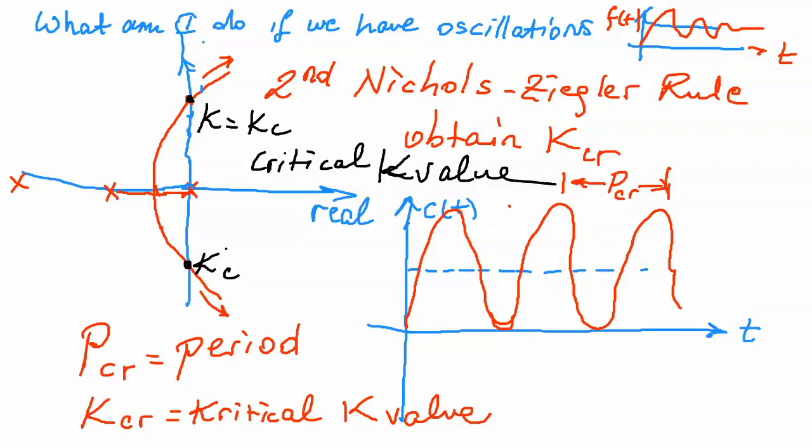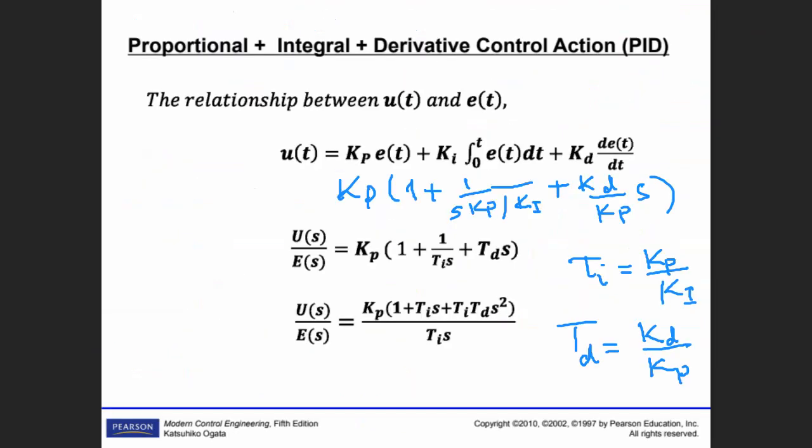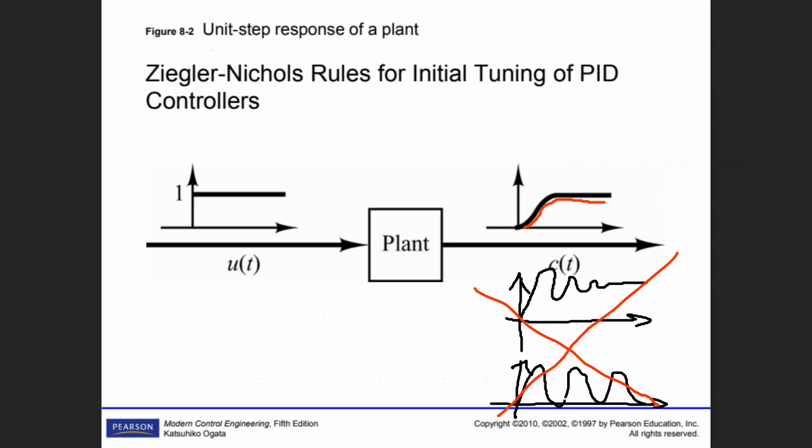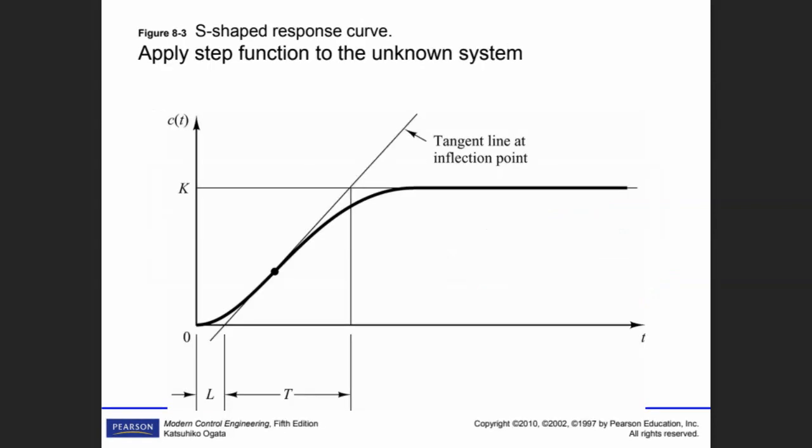I opened this part by getting you used to it in my own way. That was our starting point. That's what PID is all about. And this is the first Ziegler-Nichols rule, where you can get this curve and measure the L and T, or if you cannot make a measurement, you can simulate the system as well.